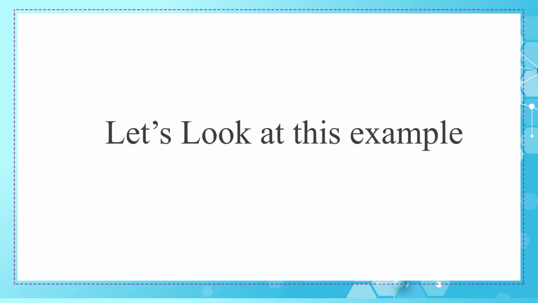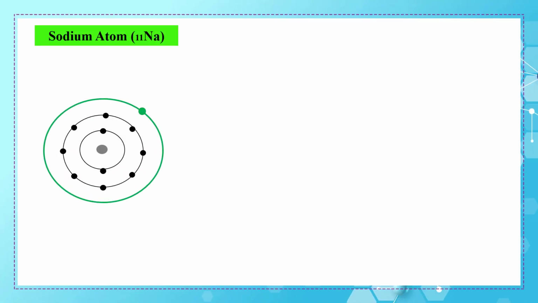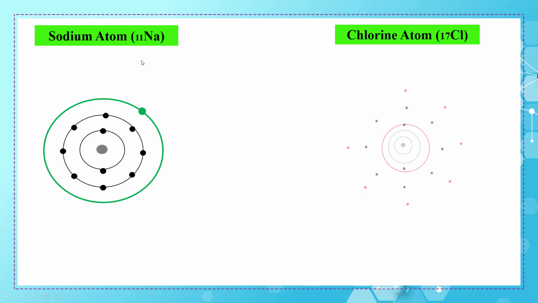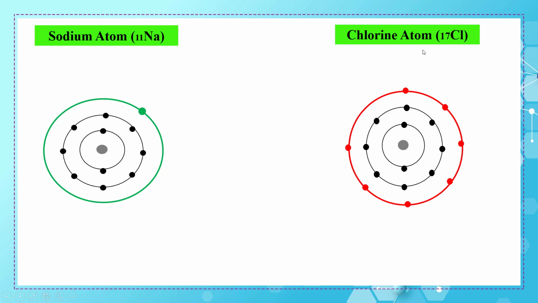Look at this example, please. Here I have the sodium atom, Na, with Z equal to 11, so equal to the number of protons, 11, so the number of electrons is 11 electrons. And here I have the chlorine atom, Cl, 17.